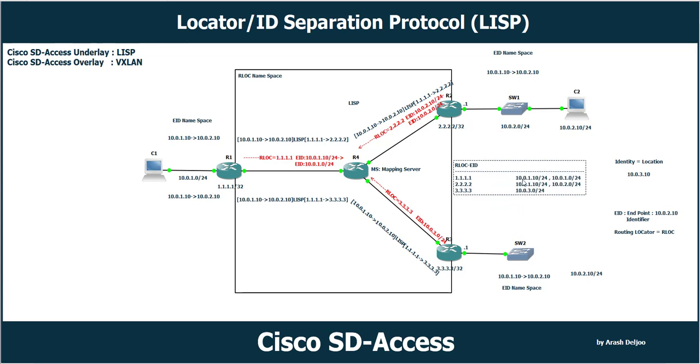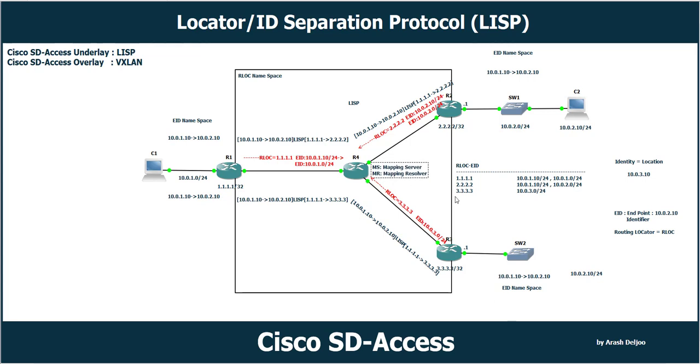Now we have this information in the mapping server. Also, we have another function, we call it MR, or mapping resolver. In some cases, the mapping server and mapping resolver, MS and MR, are in one router, one device, or maybe they are in different devices. It is possible. For now, it's not important for us.